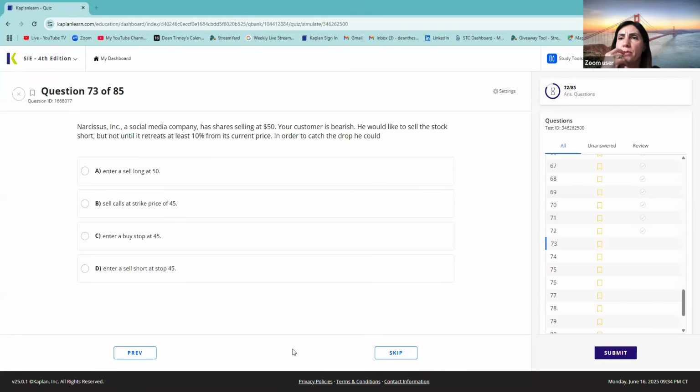One of the uses of stop orders is to establish a stock position, right? And if you're going to establish a short position, that means you're going to use a sell stop at 45. There you go, right?